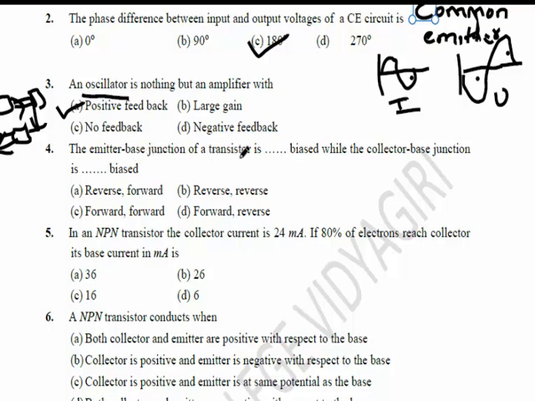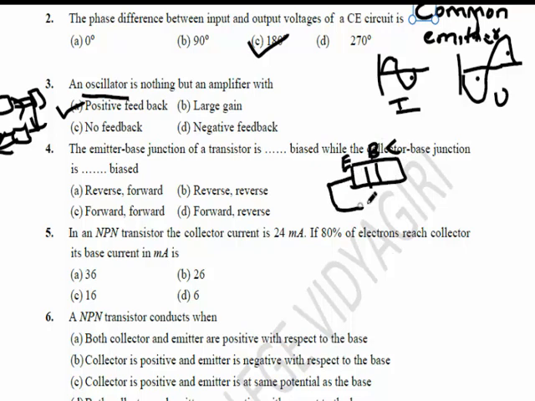The emitter-base junction of a transistor is dash biased, while the collector-base junction is dash biased. I have already told this in the theory part. I will draw the picture of the 3 parts. First one is emitter, the middle is base, the third one is collector.